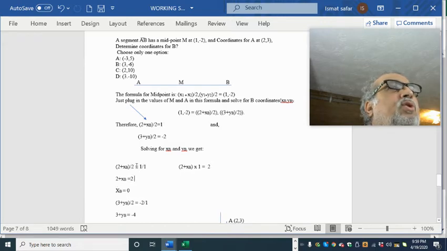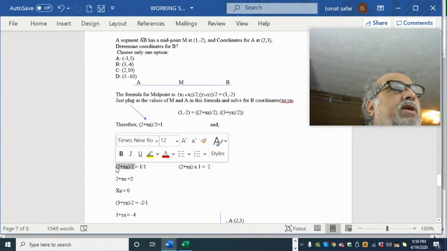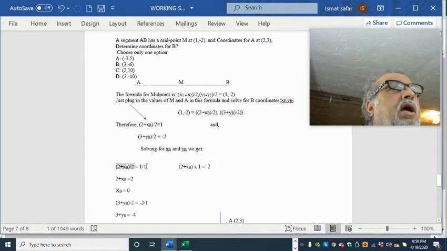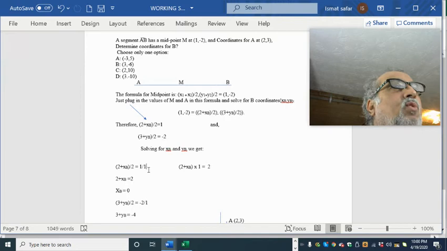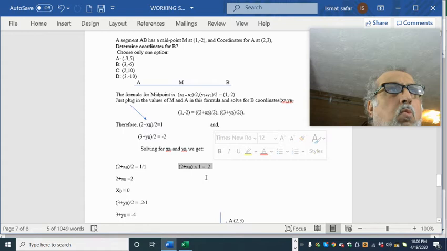Okay, so what we do is cross multiply (2 plus x of b) over 2 with 1, okay? So what we have left here is 2 plus x of b times 1 equals 2 times 1, because we cross multiply it, right?